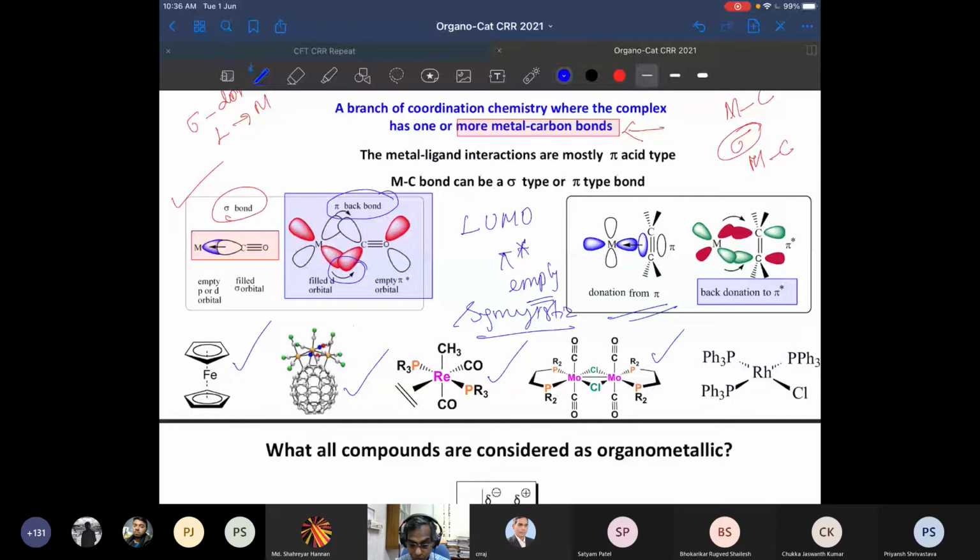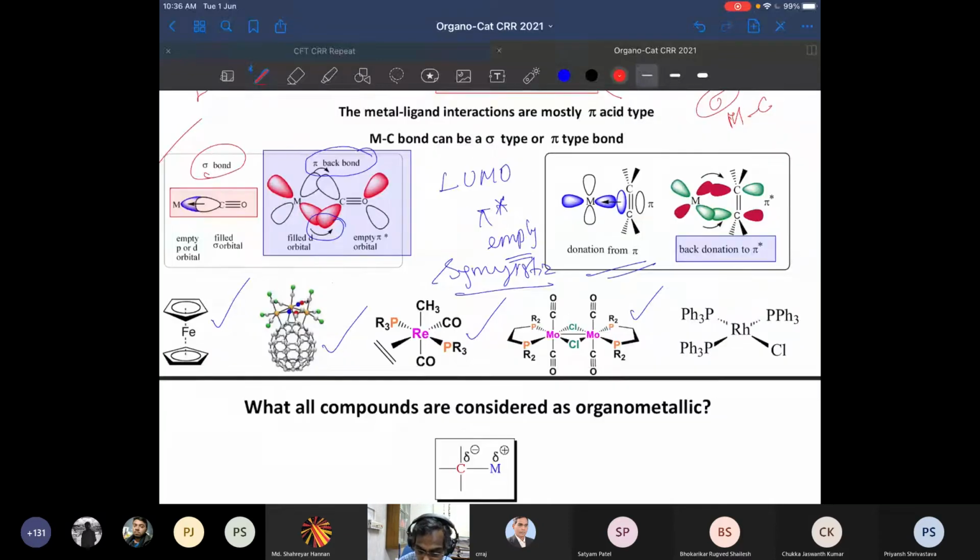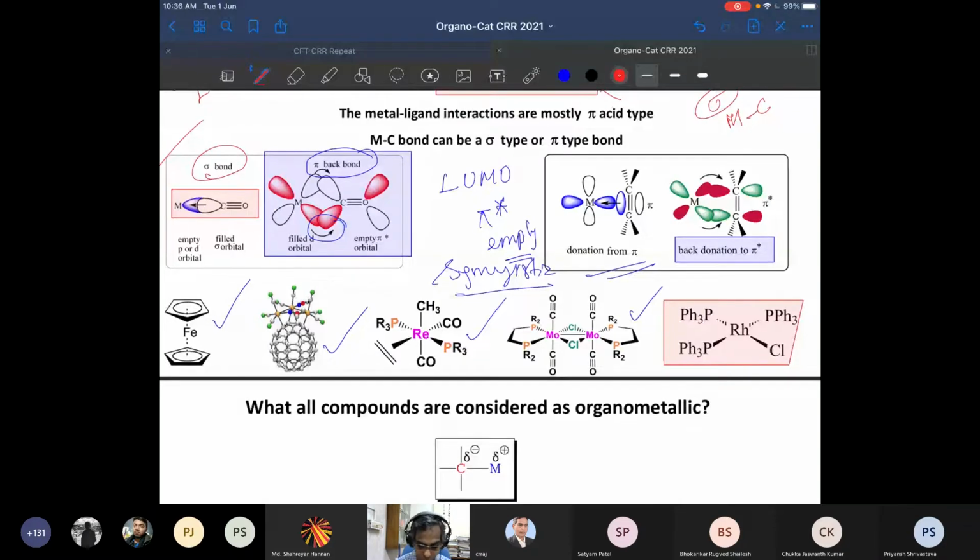I'm just showing examples. The last one I have shown is the rhodium complex, the Wilkinson catalyst, tris triphenylphosphine rhodium(I) complex, which is conventionally used as a hydrogenation catalyst.